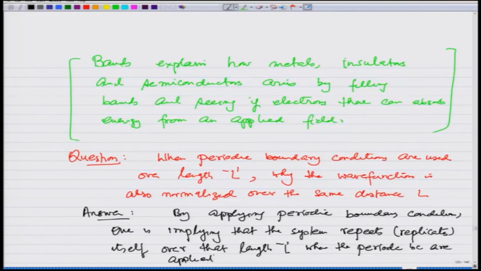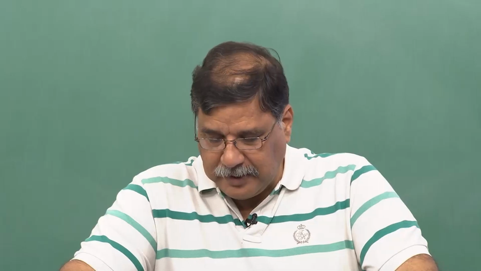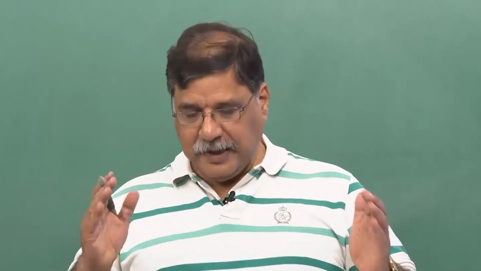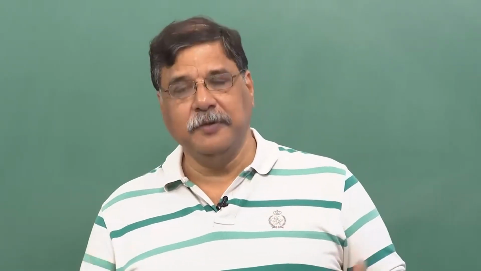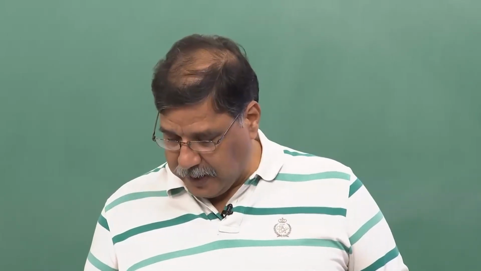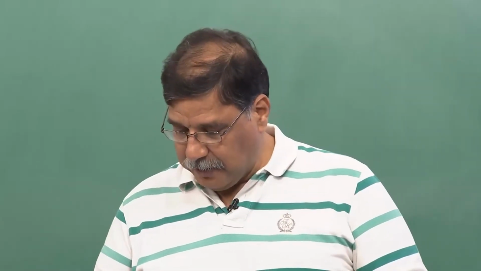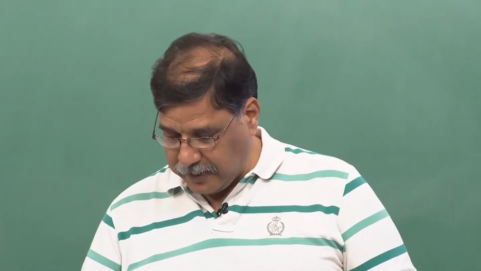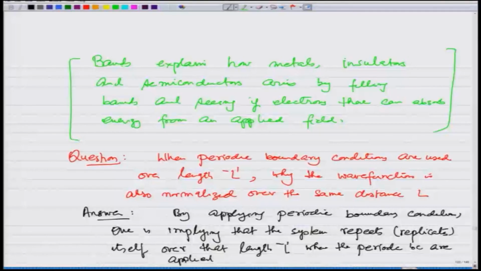So, a system really is extended over that length L over which I am applying the boundary condition. So, the system is given by that length L, and therefore, I normalize all my wave functions and everything over there, and that is what gives me the correct number of states, n number of k points for n atoms and 2n electrons for the same number of atoms.